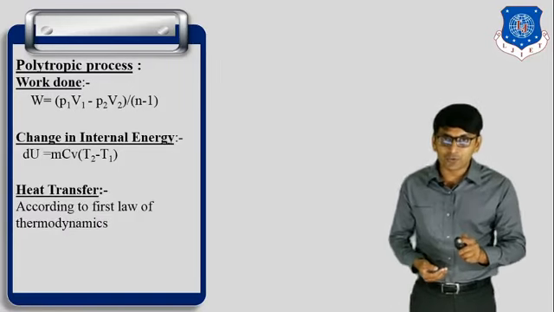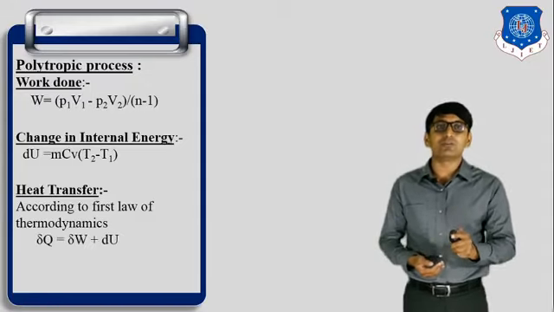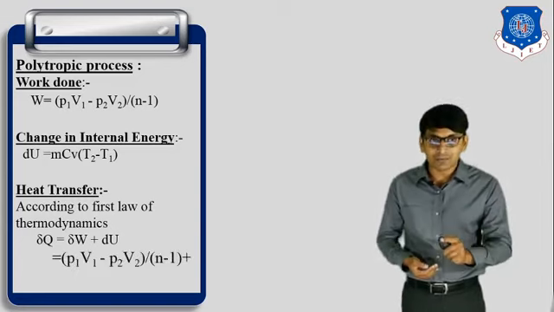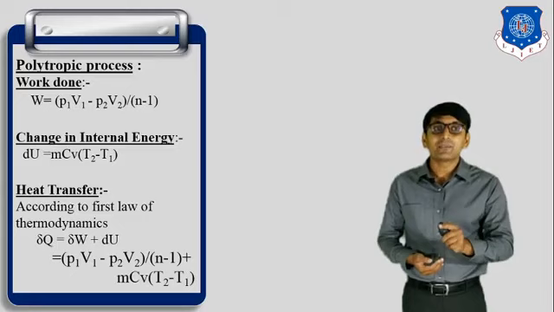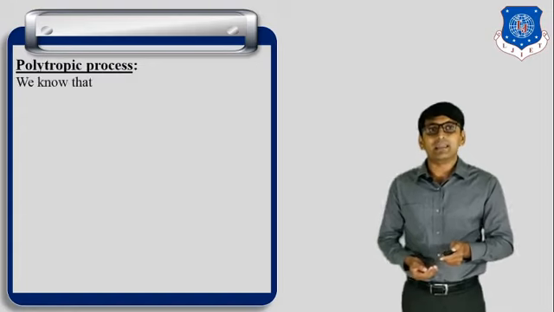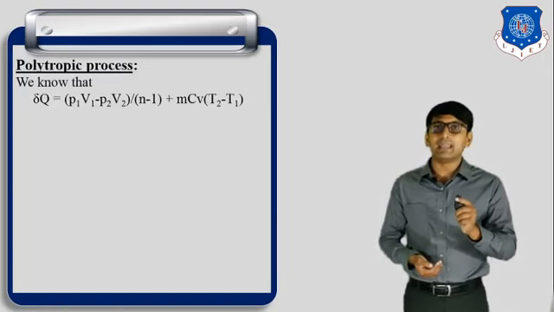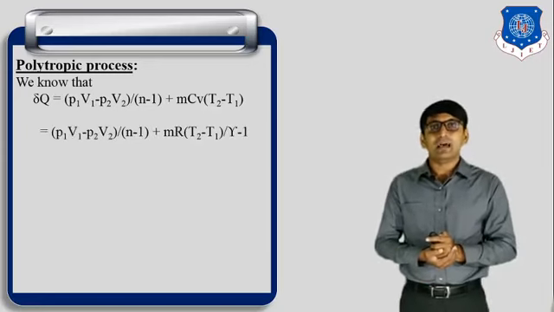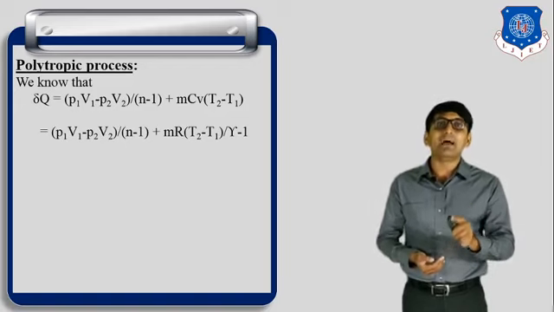In the polytropic process, heat transfer according to the first law of thermodynamics: delta Q = delta W + dU. Now put the value of delta W, that is (P1V1 - P2V2)/(n-1), and dU = mCv(T2 - T1). So in the next step, delta Q = (P1V1 - P2V2)/(n-1) + mCv(T2 - T1). Now in place of Cv we write R/(gamma-1).